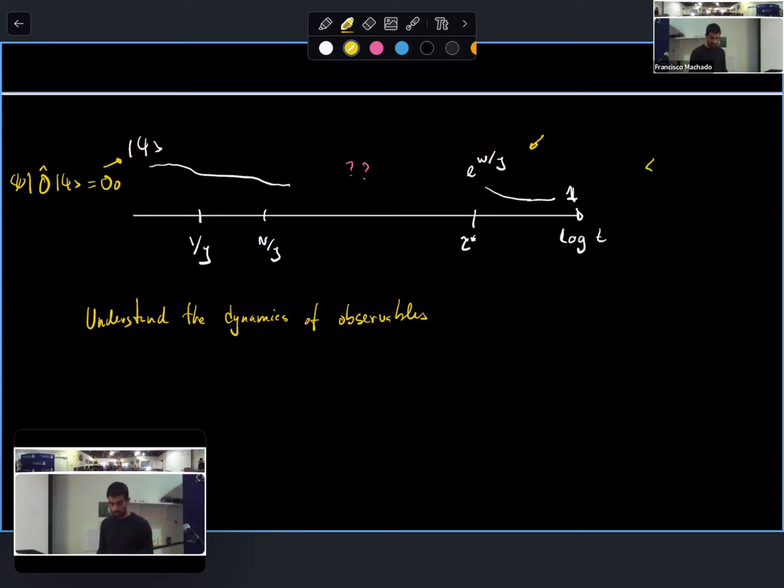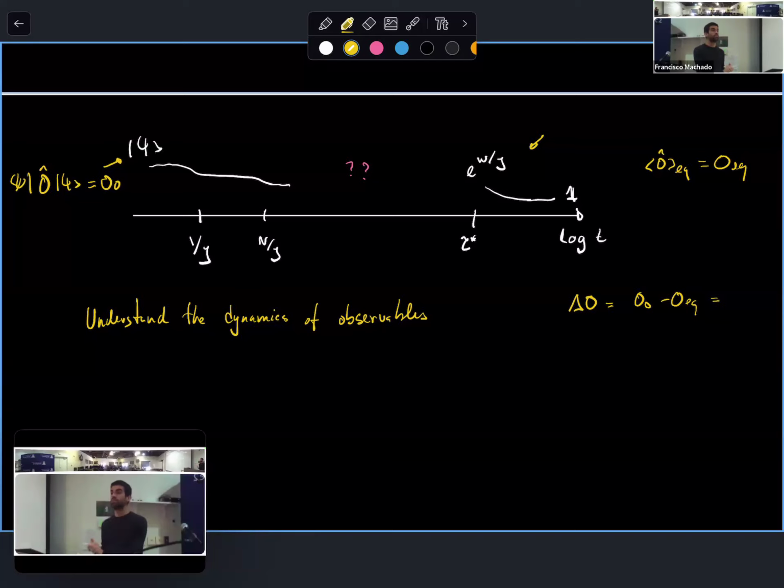At late times, I have an O equilibrium. And I have a difference, delta O, which I'll call O0 minus O equilibrium. If I know that O doesn't change very much, then that gives me an estimate of how long it takes my system to equilibrate, because I need to overcome this amount of change in my operator.